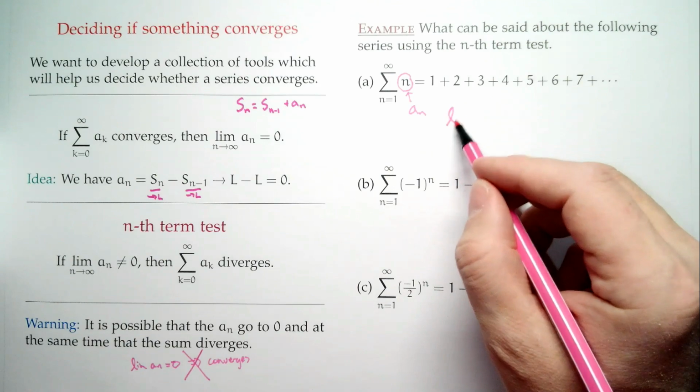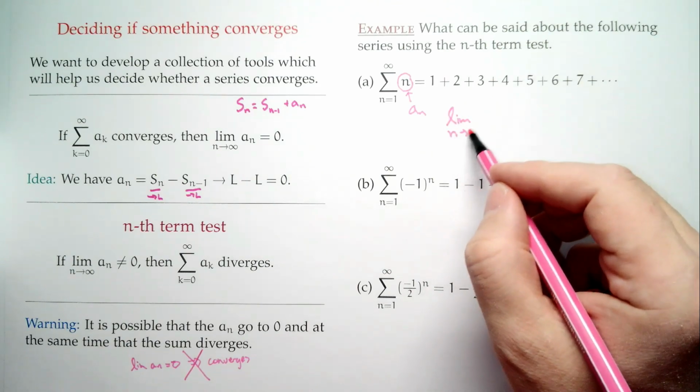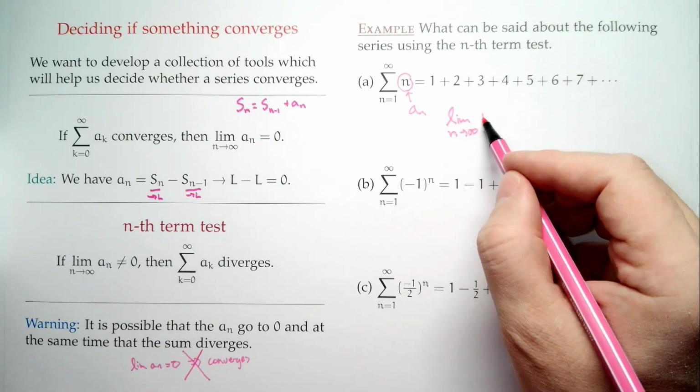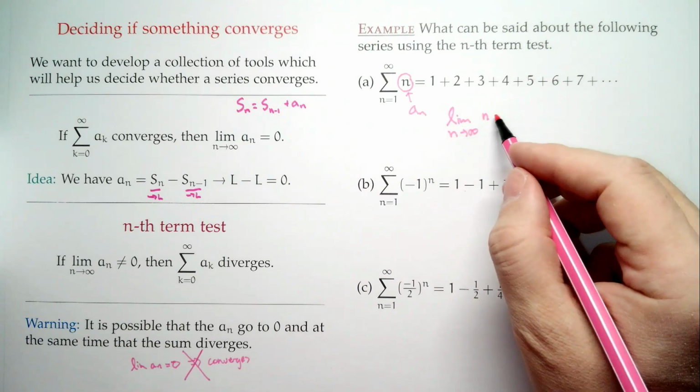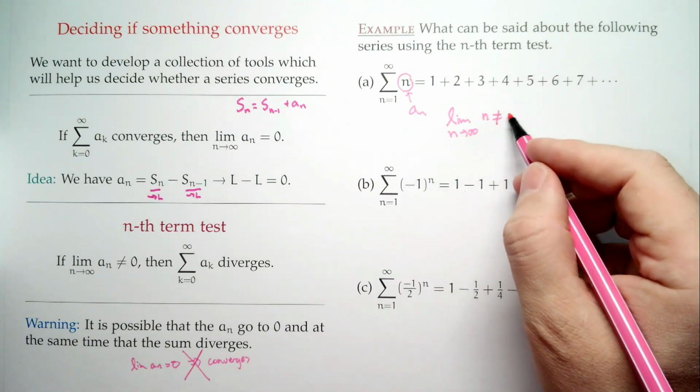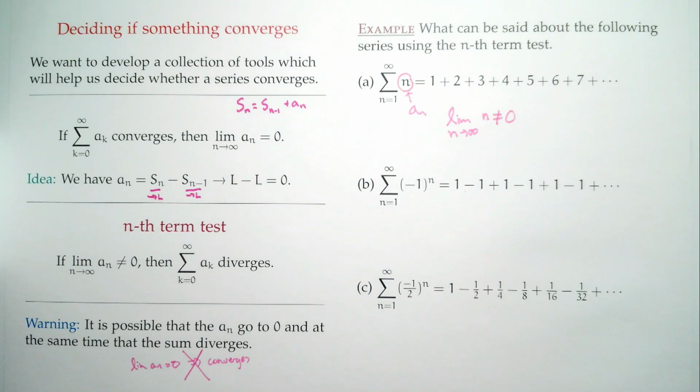So the limit as n goes to infinity of n. Well, we don't even need to know what it goes to. The question is, does it go to 0? The answer is no. It definitely does not go to 0. It gets huge. It's actually infinity. But we don't even need to know that it's infinity. We just need to know, not 0.